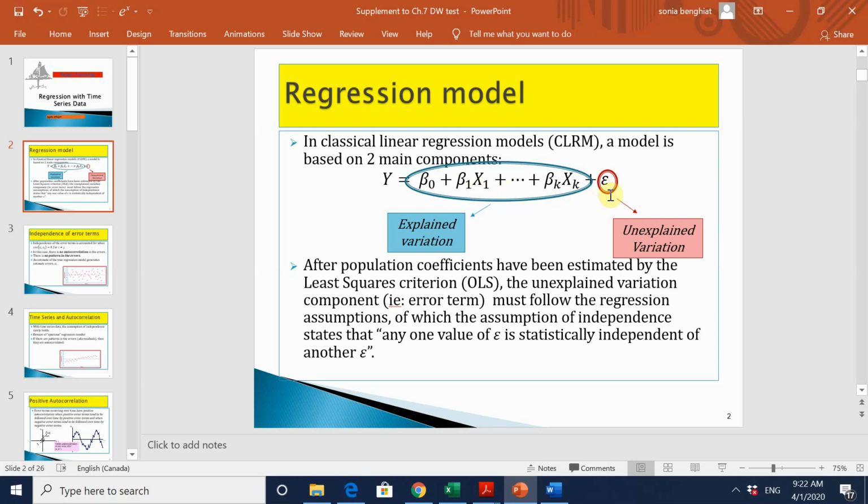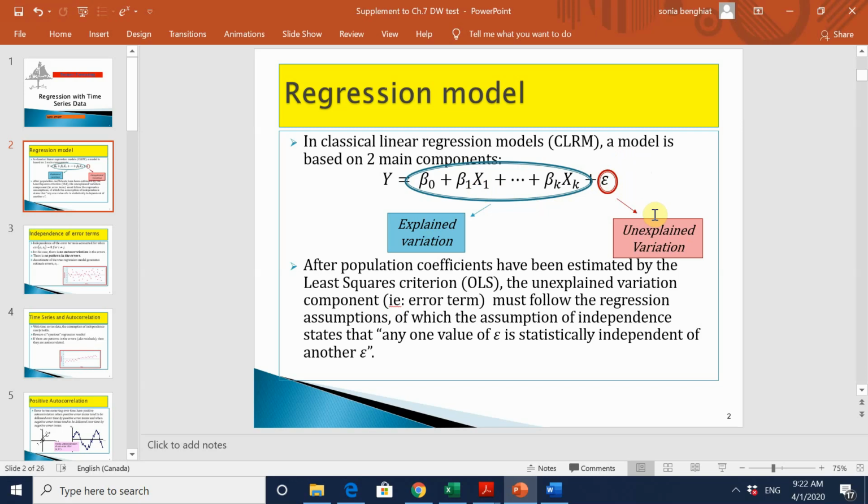And then here we have the other component that contributes to y, and that is the random error, or the error terms, so that it accounts for the unexplained variation in y.